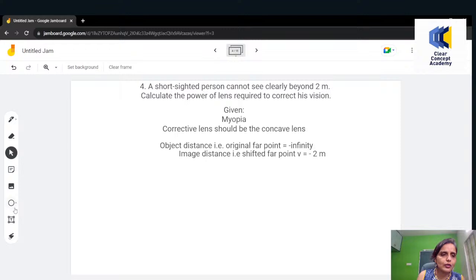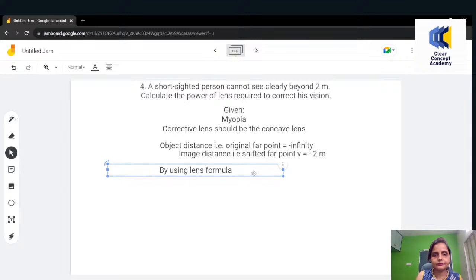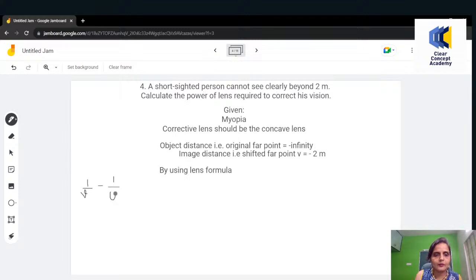So how do we find the focal length? We find the focal length by using the lens formula. So what is the lens formula? The lens formula is 1 by v minus 1 by u is equal to 1 by f.